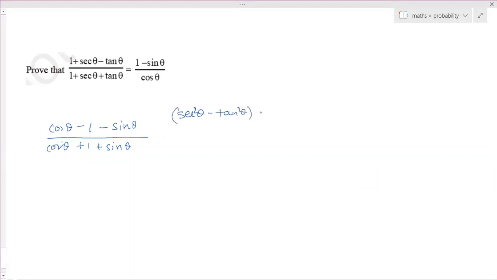Sec square theta minus tan square theta plus sec theta minus tan theta, by 1 plus sec theta plus tan theta. Further.